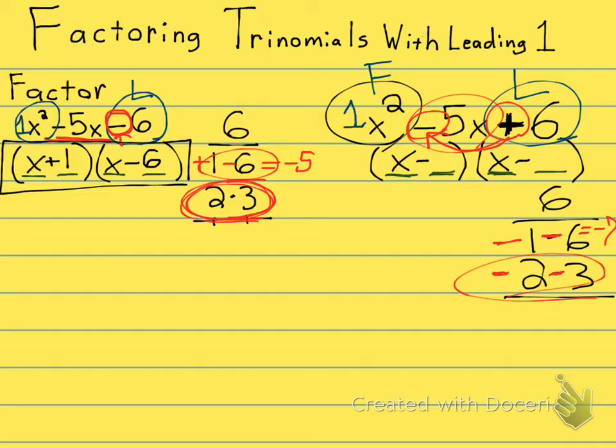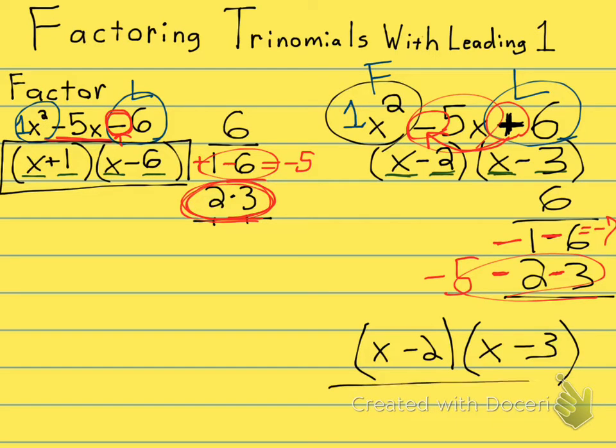A negative 2 plus a negative 3 is a negative 5. So when I go to put my answer, I'm going to have a minus 2 and a minus 3. So the answer for this second trinomial, when I factor it, is x minus 2, x minus 3. And as always, you can FOIL this out to see that you get what you started with.